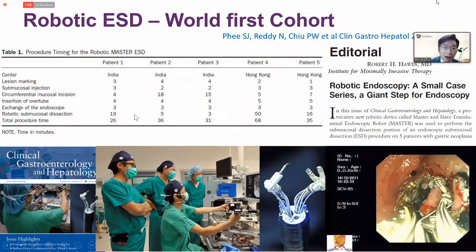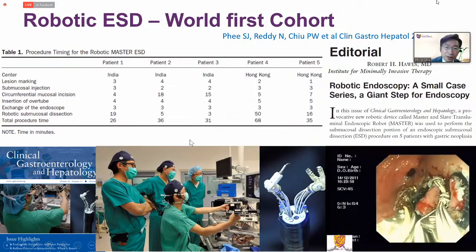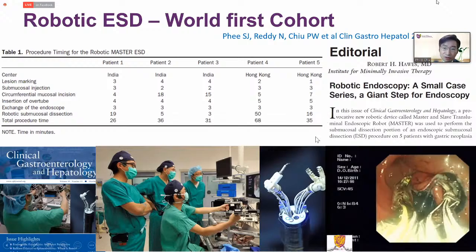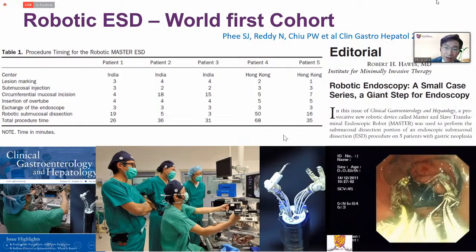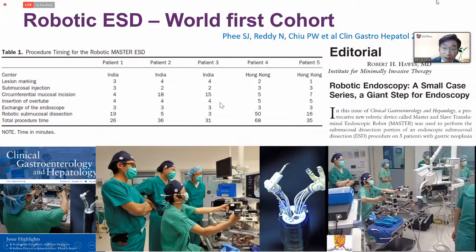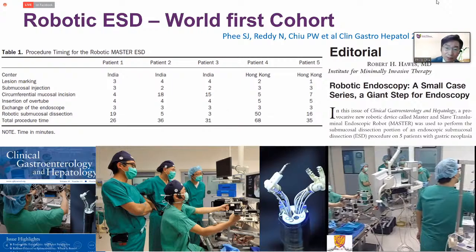With 5 patients with early gastric cancer, we could achieve endoscopic submucosal dissection with the robotic system. So in the editorial published in CGH in 2012, Professor Halls mentioned our report as robotic endoscopy, a small case series, a giant step for endoscopy.